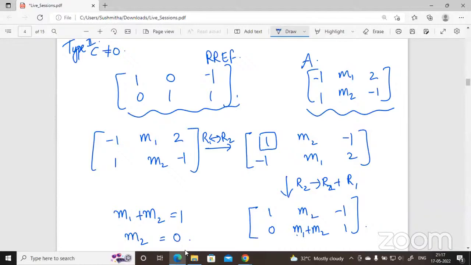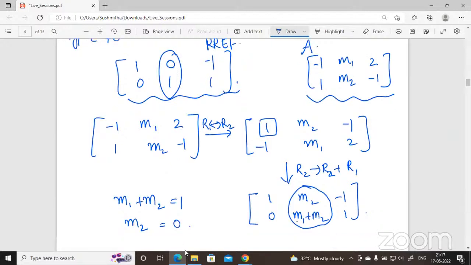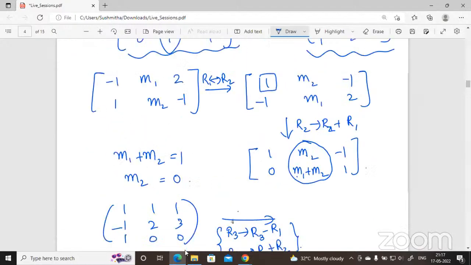Yeah, so I'm just trying to find the RREF, that's it. And once I reach that stage, I'm equating. I have to eliminate here only. It's given, no? It's given that the second column of RREF is 0 and 1. So this is 0, this is 1. Okay, thank you. Okay, so suppose we do minus.